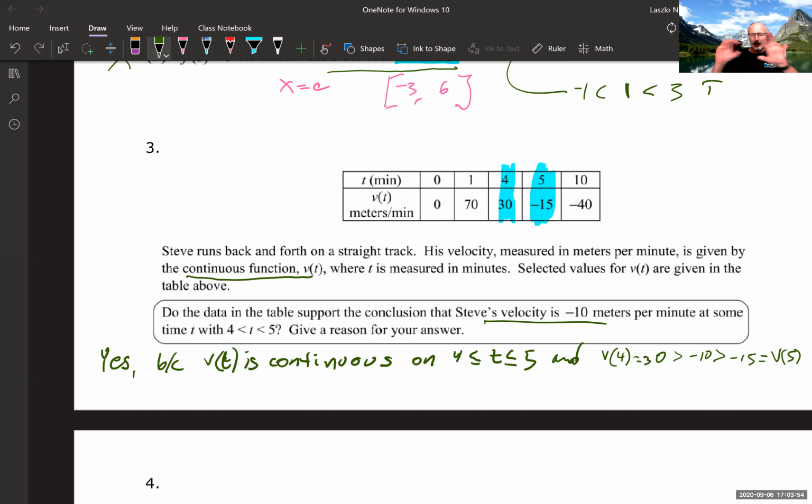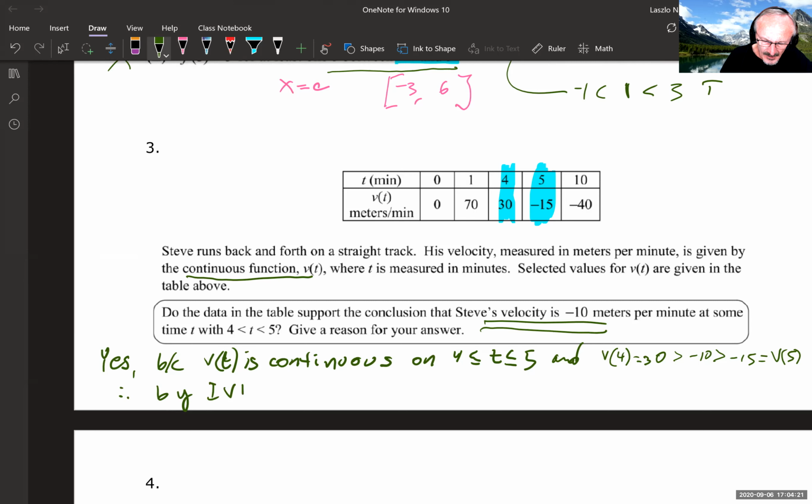So these are the necessary conditions for the intermediate value theorem, the continuity on the closed interval, and of course the y coordinates of the endpoints, one being greater, one being smaller than the value that we're seeking here, which happens to be v of t equals -10. So therefore, you must invoke the name of the intermediate value theorem.